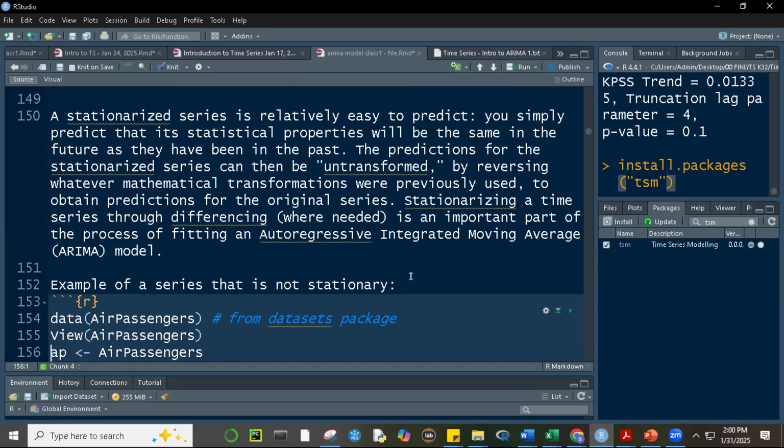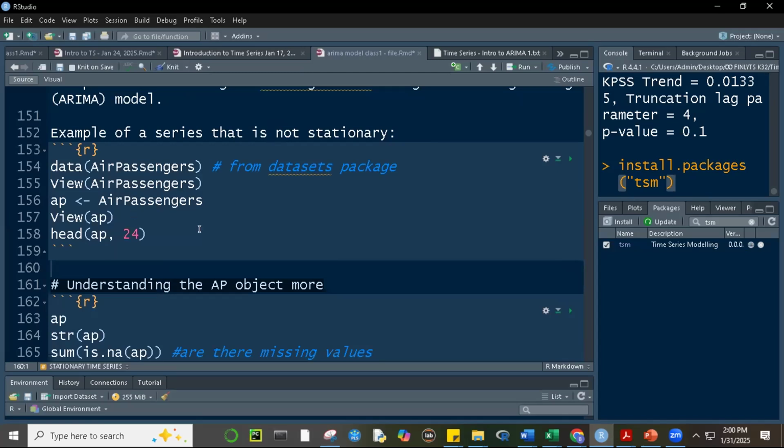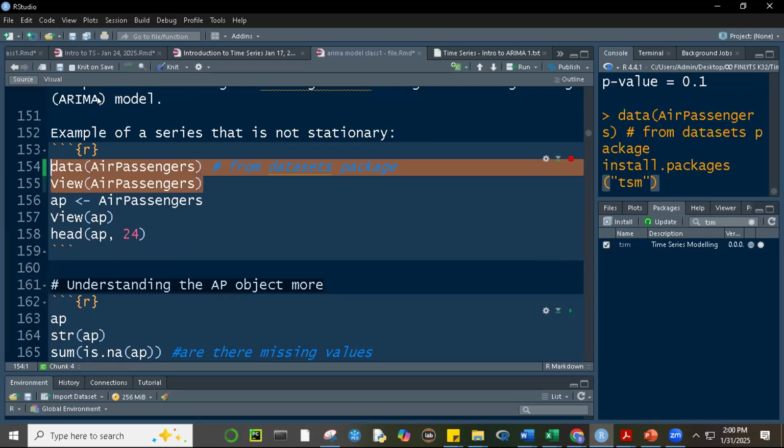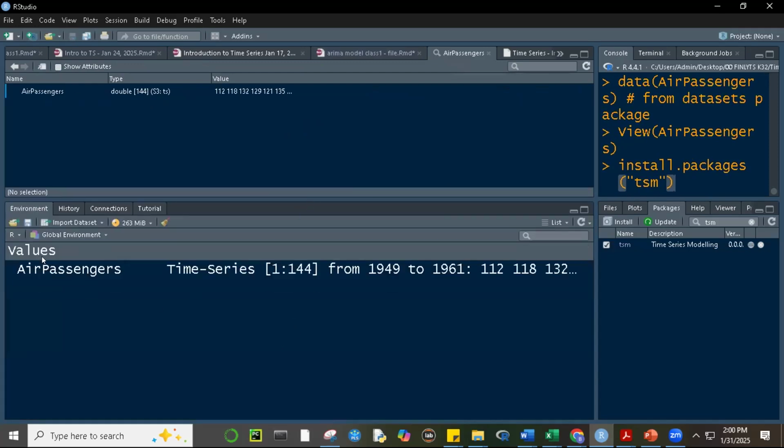For this one we did this before, class, so we can quickly run this. I'll run this, class: data and air passengers. We know that this is a vector of time series. It appears in the values and not in the data.